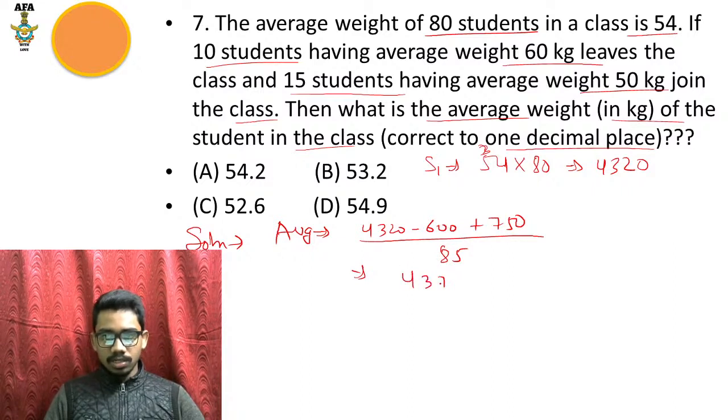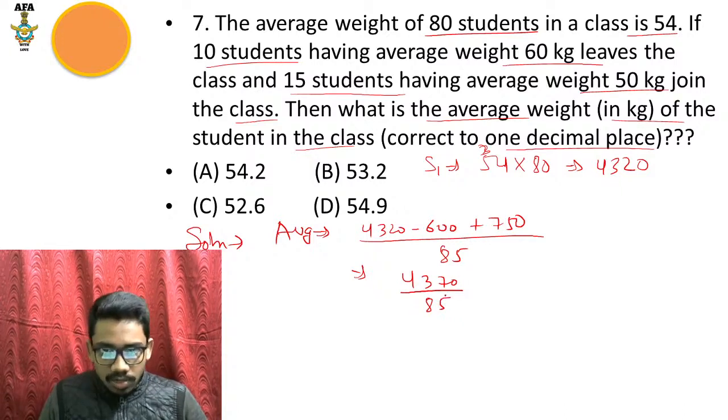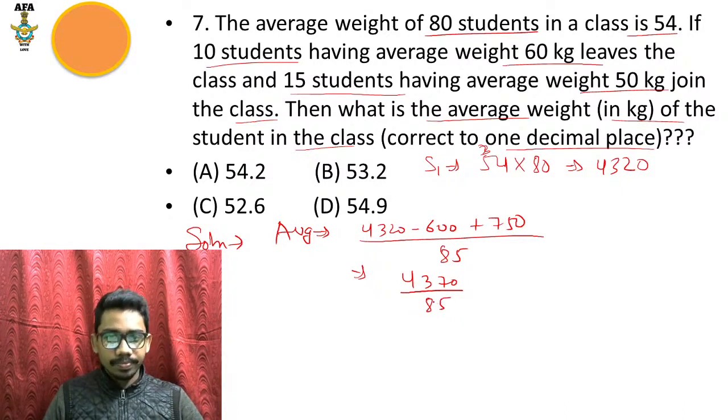So 4370 by 85. If you divide the value, you will get the answer. So let's divide. 5 ones are 5, 5 sevens are 35, 5 eights are 40, and this is 37, 5 sevens are 35, 20, 5 fours are 20.